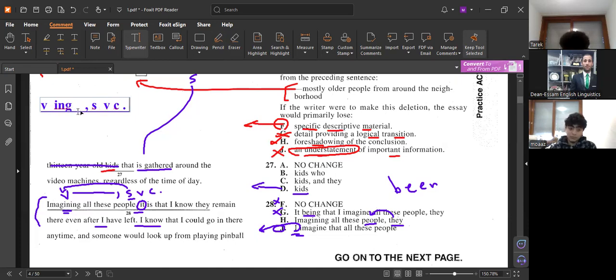If not, delete it. Letters H and J are both grammatical, but the meaning is different, because they refers to people and people can imagine. So check the meaning. To know who was imagining, go to the paragraph before and after and check. He said, I know, I have left. So it must be someone else, not they. So it's J.